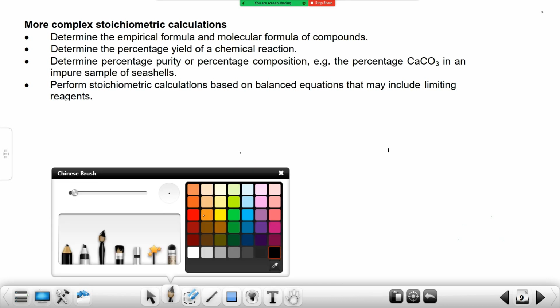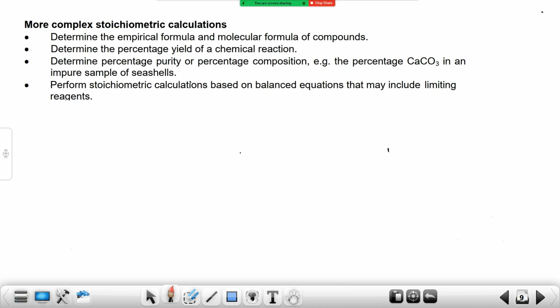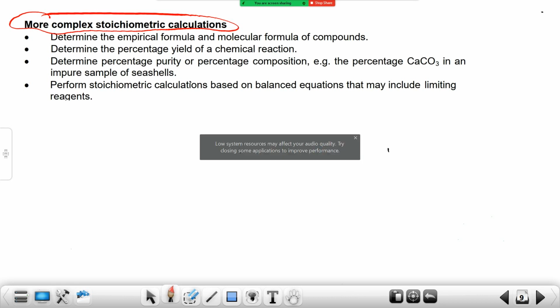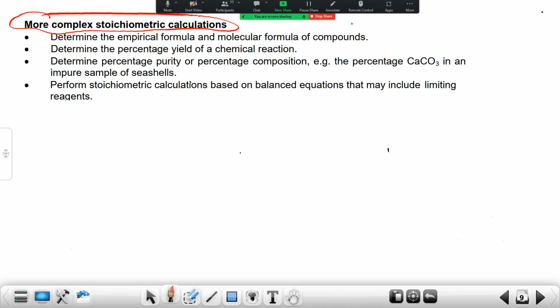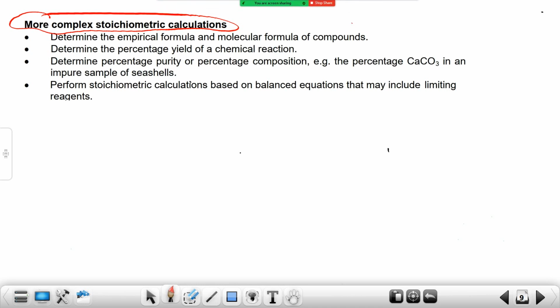So today we are going to work with more complex stoichiometric calculations. But what do they necessarily mean by more complex? More complex just means we are going to integrate the basics with things that we are going to add into this particular session.